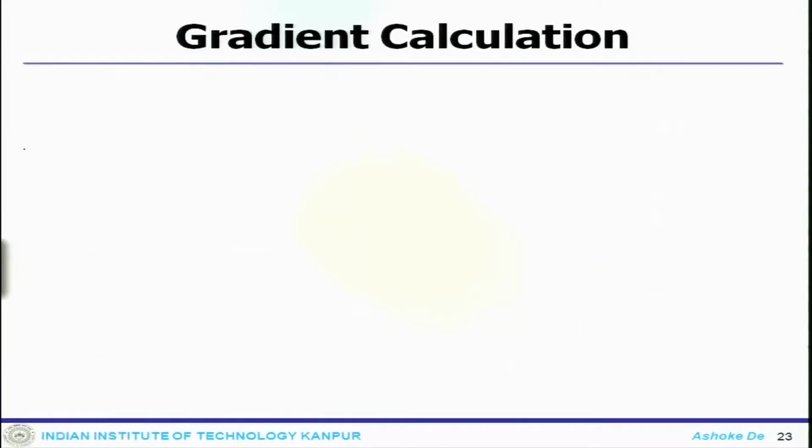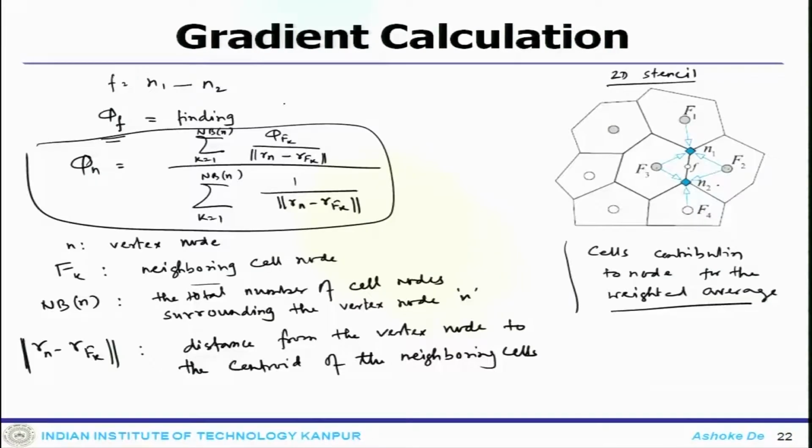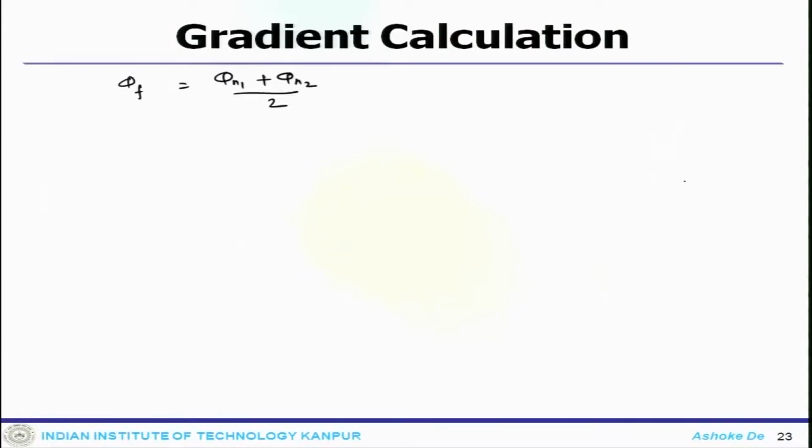Once the phi n at the vertices are found, then at the face you can find out phi f as (phi n1 plus phi n2) divided by 2. So using this sort of an inverse distance calculation at n1 and n2 we can find out, and once we find n1 and n2, the surface flux or the variable could be obtained using some sort of an arithmetic mean.